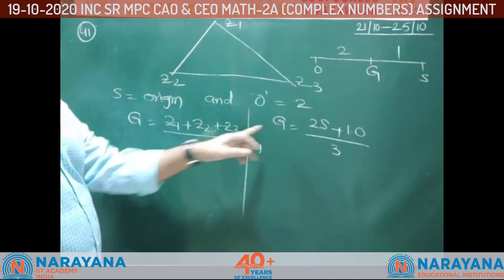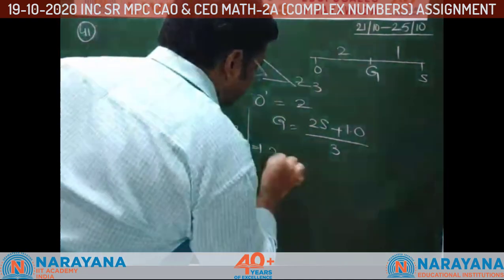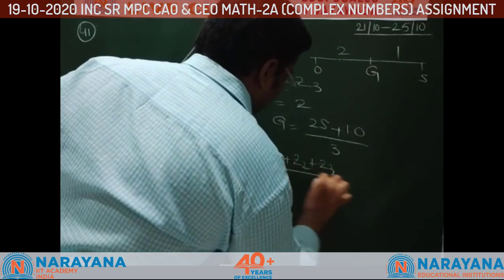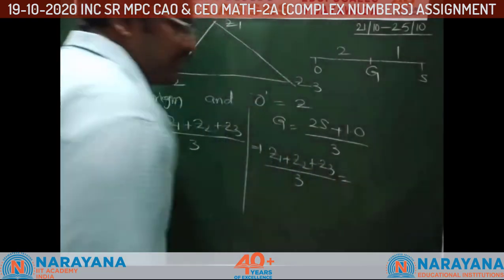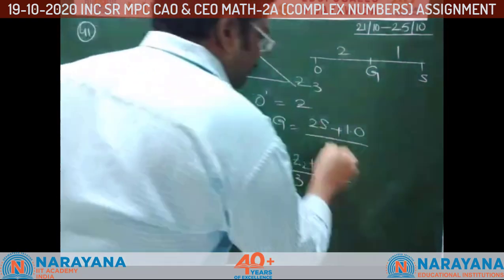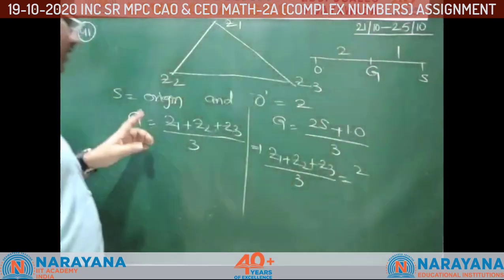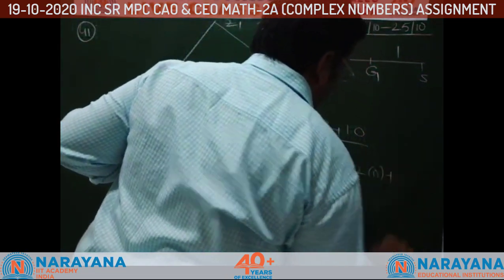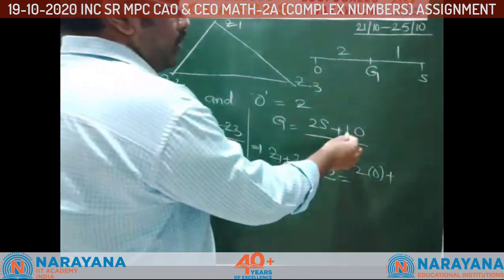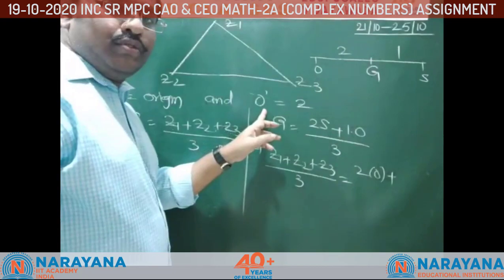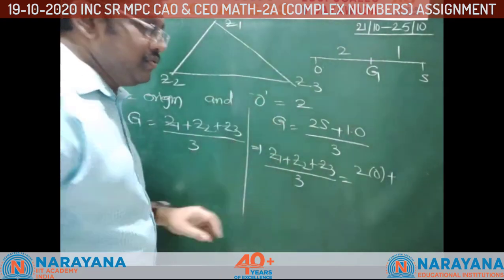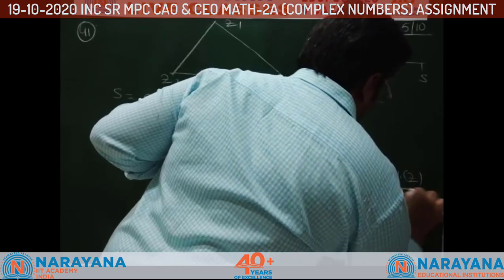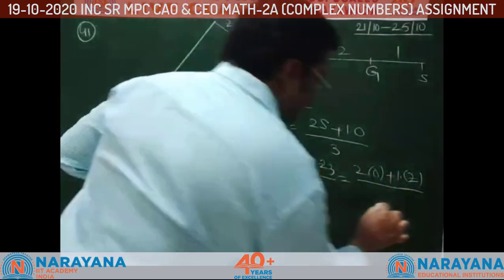But we know the formula for centroid G is equal to (Z1 plus Z2 plus Z3) by 3, which is equal to (2 into the circumcenter S, which is the origin, plus 1 into the orthocenter O, which is Z) divided by 2 plus 1, which means 3.